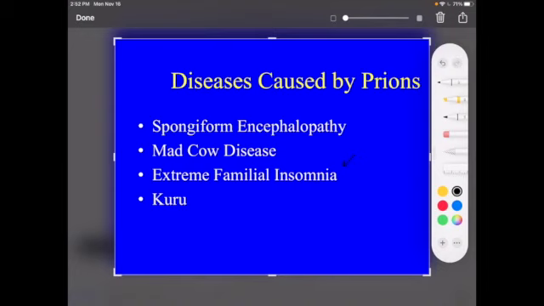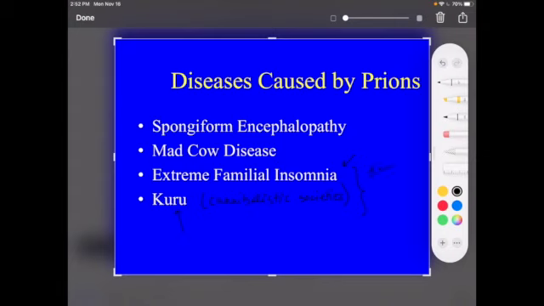Kuru is a laughing disease, and it comes from consuming contaminated meat, and it's only found in some cannibalistic societies, which I hope to God there are no more left anymore that anyone would do that.